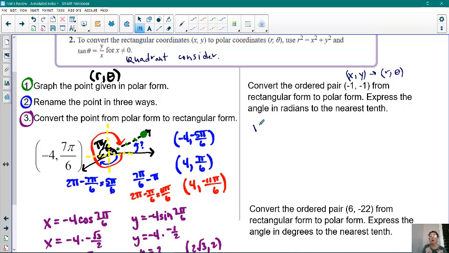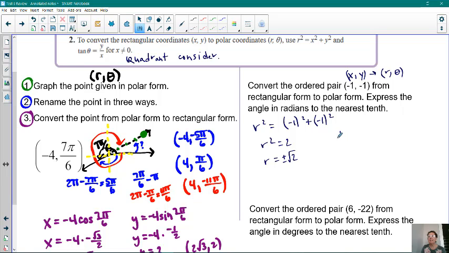All right, so r squared is equal to x squared plus y squared. -1 squared is 1, plus -1 squared is another 1, so that's 2, which means r is positive or negative square root of 2. All right, we'll hold on to that thought for just a moment.